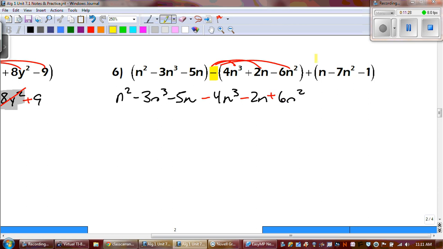And back here, we have addition. So everything stays the same. Look for your highest exponent. The highest exponent is cubed. -3 minus 7 gives us -7n cubed.